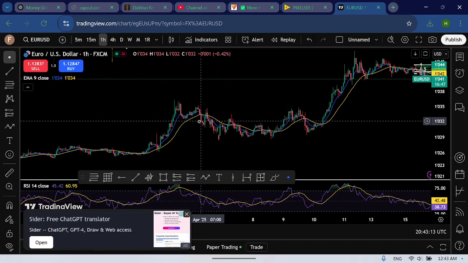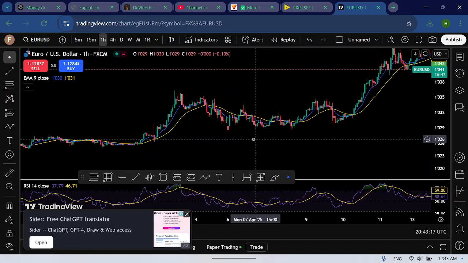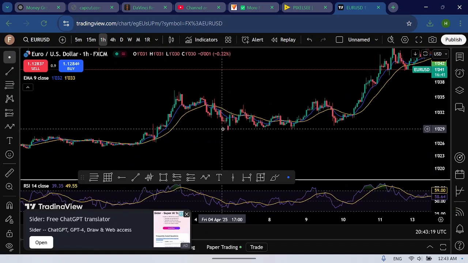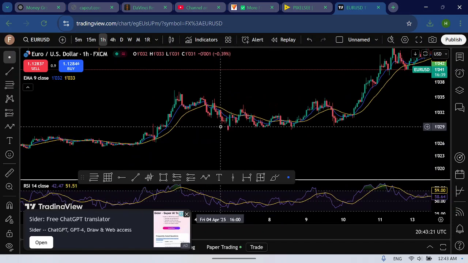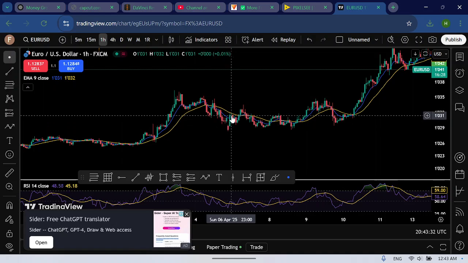So basically, as you can see, here you go, this is the open. It opened and closed. Here the green candle opened and closed. After that, opened and closed. After that, opened and closed.